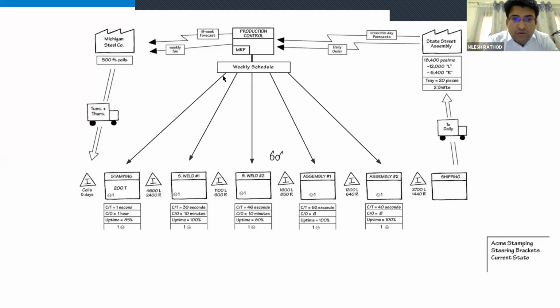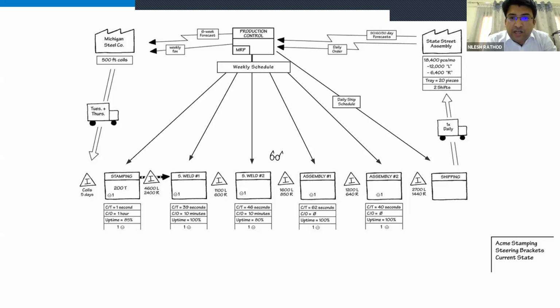Here you can see the arrow. They are asking stamping to produce this many pieces, then spot weld 1, spot weld 2, assembly 1, assembly 2, etc. At the end, a daily shipment schedule is given to shipping, so that every day you have to produce 920 pieces and send them to the customer.